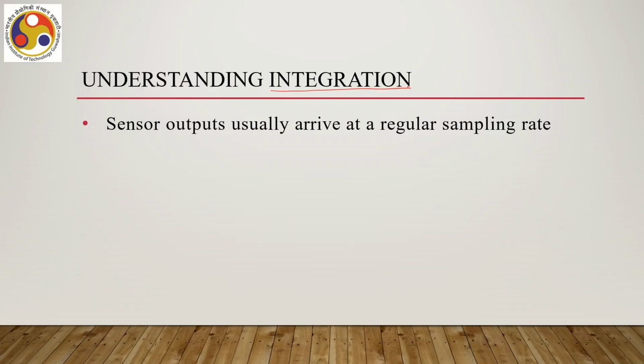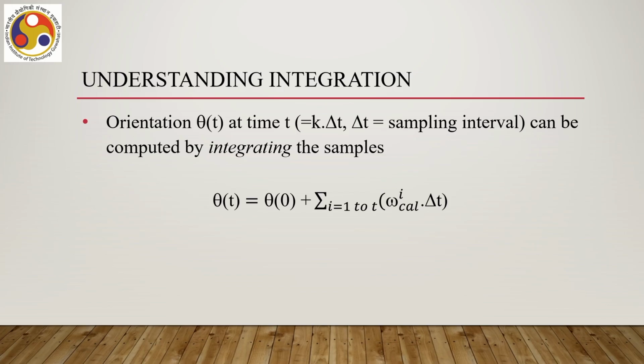Then the third stage is integration. The sensor that we are using, the output of that sensor, the data stream usually arrives at a regular sampling rate, regular discrete interval. Now, orientation of the sensor at the time instance t, represented as theta t, which can be expressed as k into delta t, where delta t is the sampling interval, can be computed.